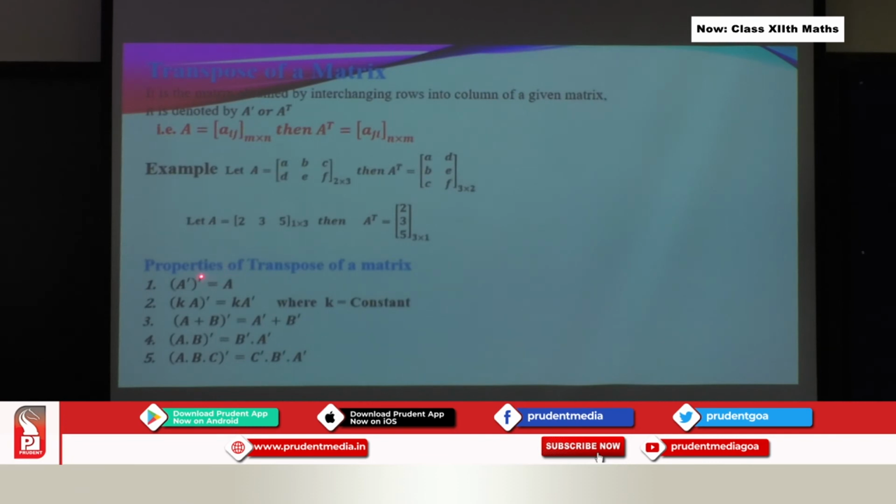Now we need to discuss some properties of the transpose of a matrix. Okay, so these are very important properties that you need to study. You can see A dash, when you take the transpose of it, if you remember your set theory that you learned in your 11th standard, you were saying complement of complement is the same set.